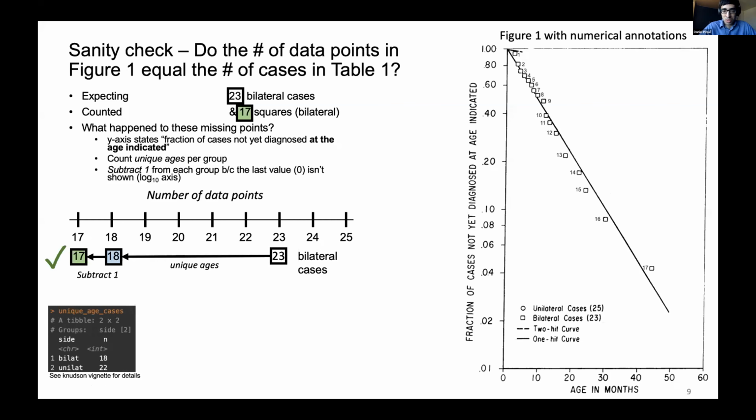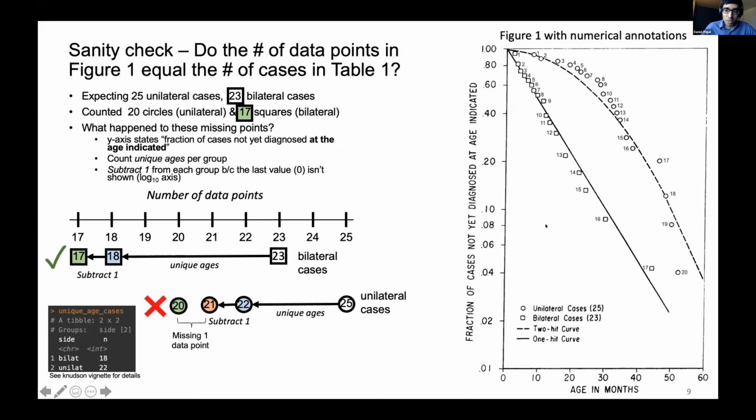But what I realized was that the y-axis was actually in a log scale, and so the final data point is not able to be plotted because it equals 0, and you're not able to plot 0 when the y-axis is on a log scale. So that was the bilateral cases. I did the same for the unilateral cases, going through the same two steps, but this still left me missing one data point.